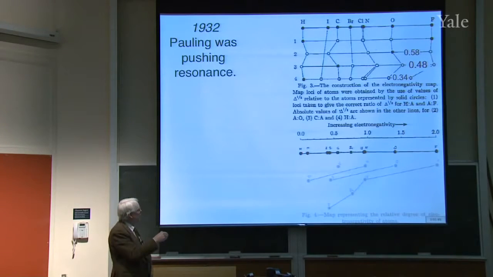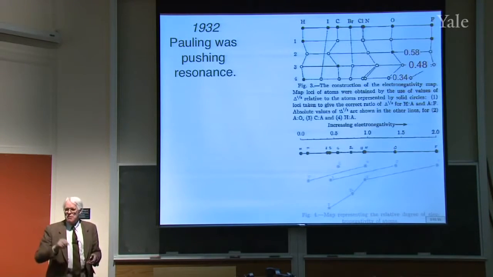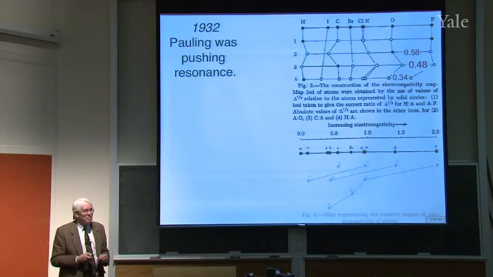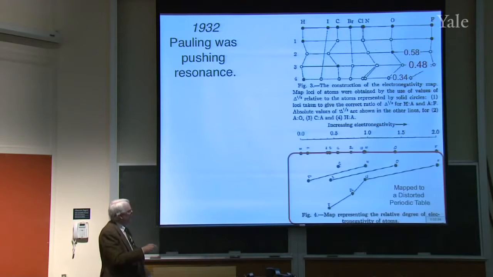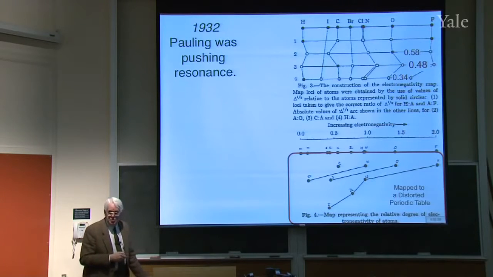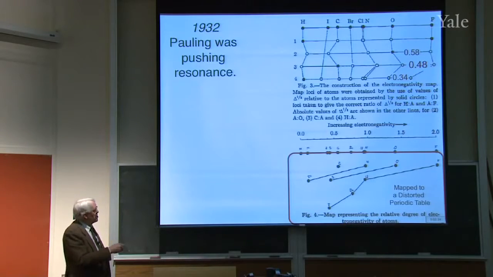And here are the values for hydrogen, phosphorus, iodine, sulfur, carbon, and so on. And these were the days when they still did handwritten figures in the Journal of the American Chemical Society, which was a long time ago. Okay, and then below that, it's math. I couldn't figure out for a long time what the heck this was, but finally I figured it out. He doesn't say in the paper, but it's a picture of the periodic table, which has been distorted so that it shows every atom at its proper electronegativity.